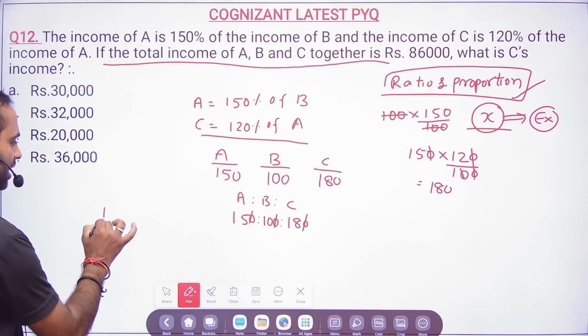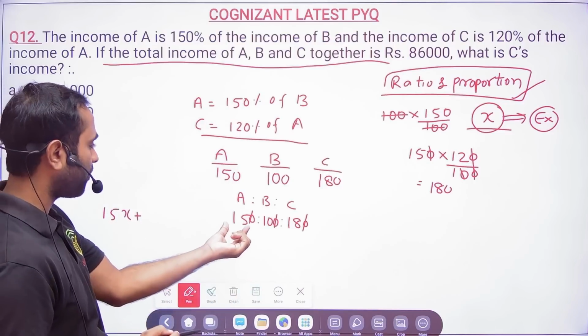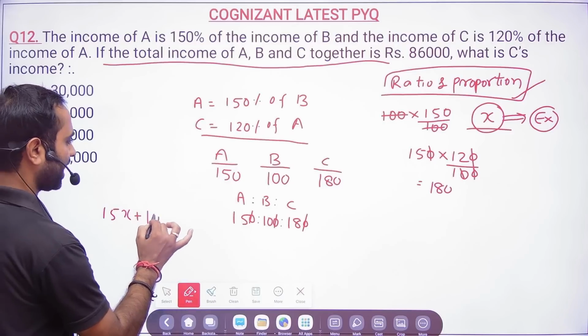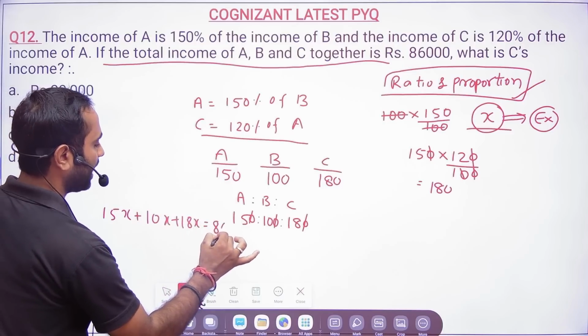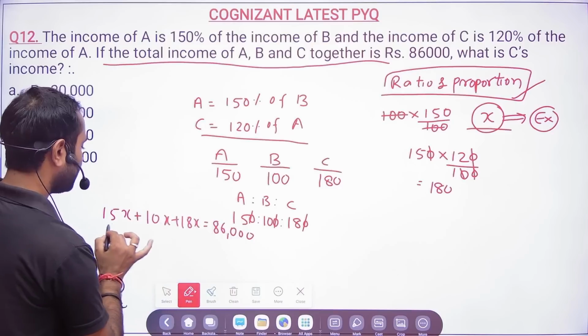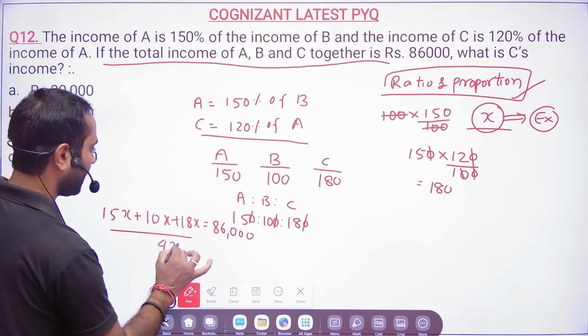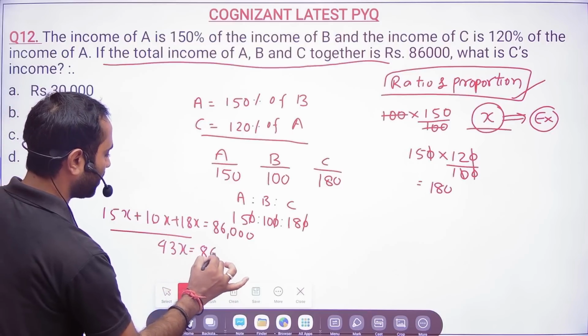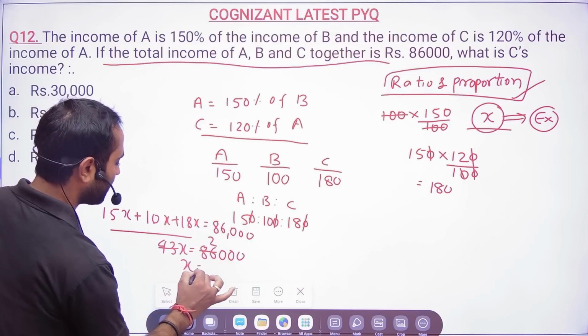So A is 15x, B is 10x and C is 18x, and the total is 86,000. So 18 plus 10 is 28, plus 15 is 43x equals 86,000. So x will be 2000.